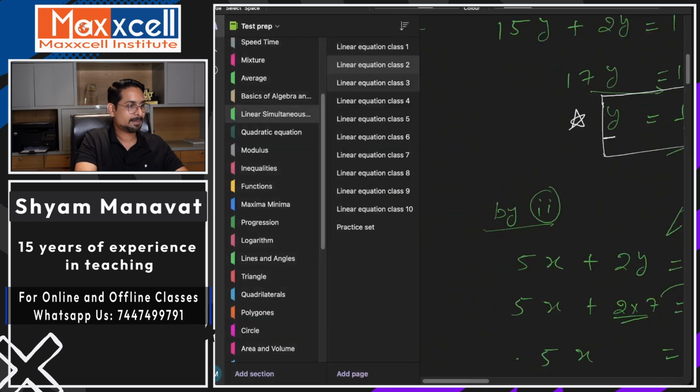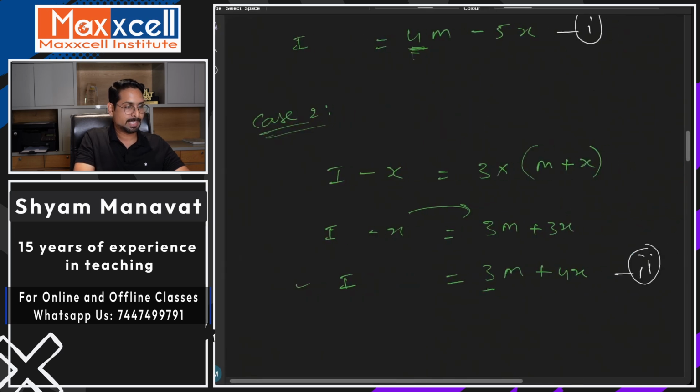So here I want to eliminate m. I will multiply the coefficient of m from equation number 1 into equation number 2, and I will multiply the coefficient from equation number 2 into equation number 1. That's how it works in the elimination method.